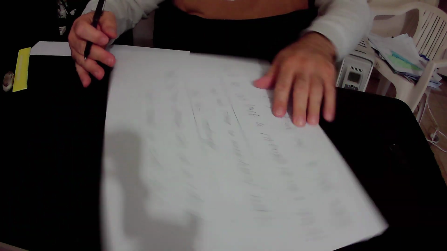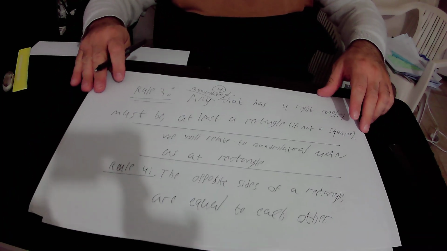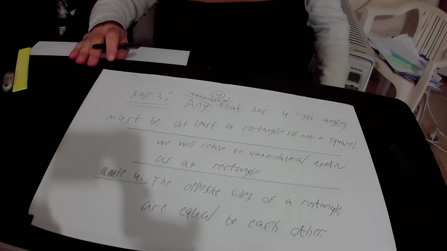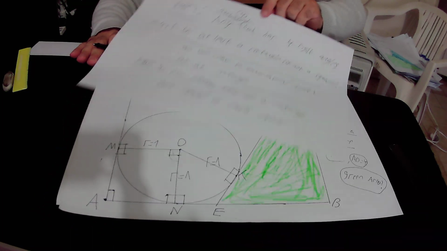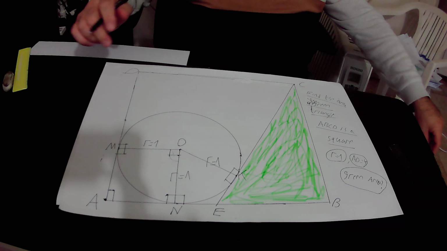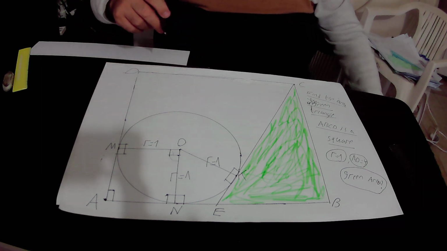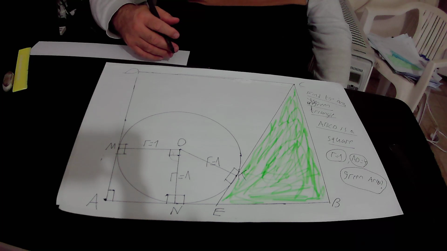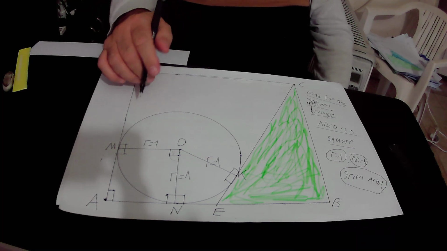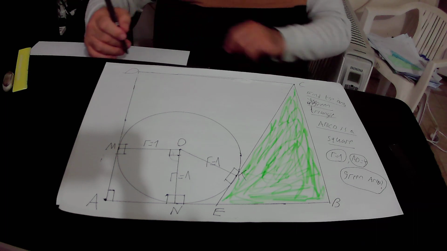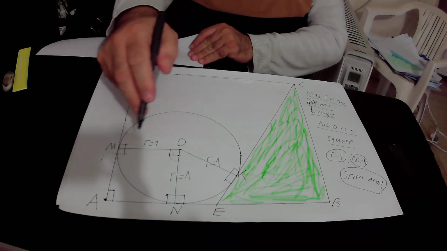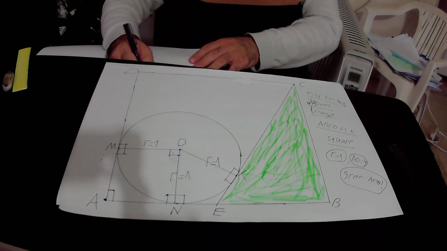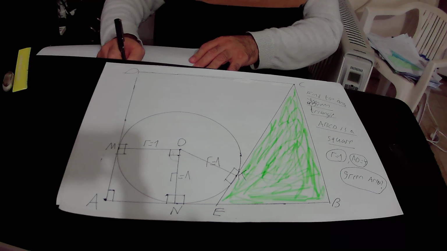I will repeat rule number 4 again. According to rule number 4, the opposite sides of a rectangle are equal to each other. So if we relate to our rectangle MOAN, according to rule number 4, the opposite sides of rectangle MOAN are equal to each other. It means that MO equals AN, according to rule number 4.